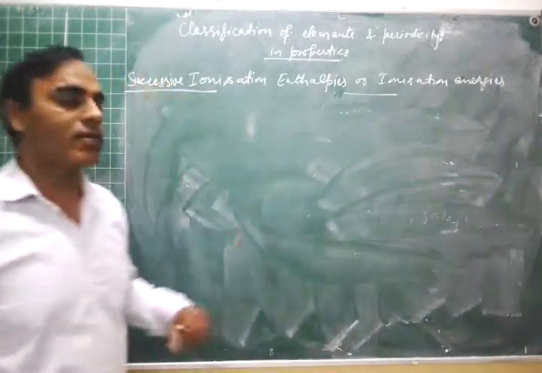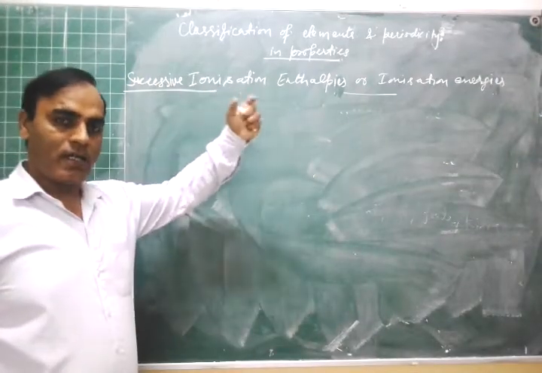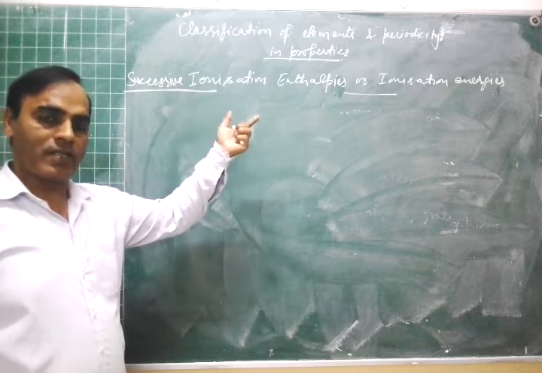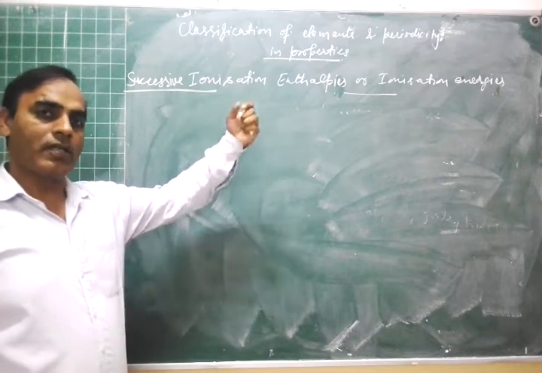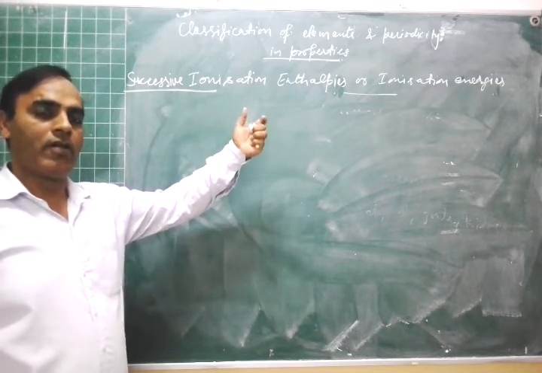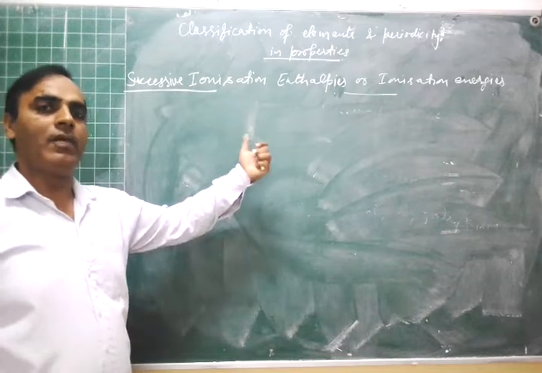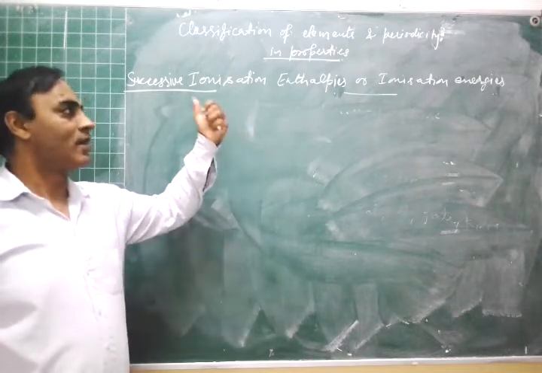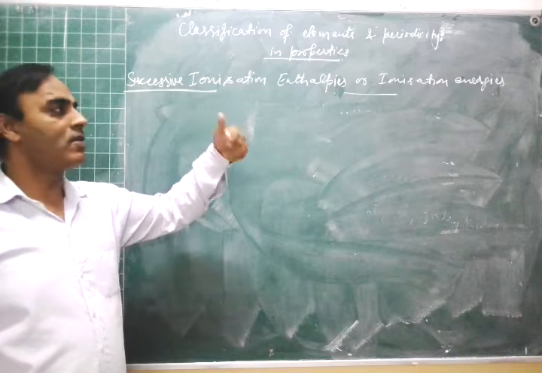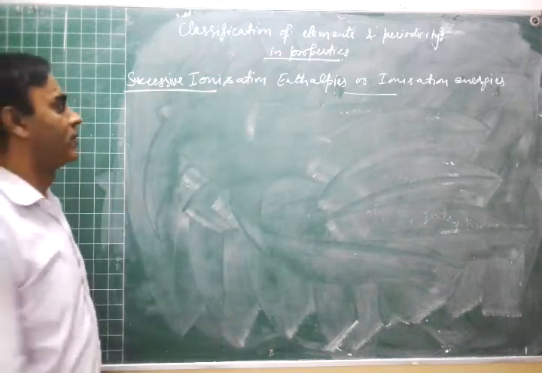So what are these? The amount of energy required to remove the first electron, second electron, third electron and so on from an isolated gaseous atom is known as successive ionization enthalpies or ionization energies.